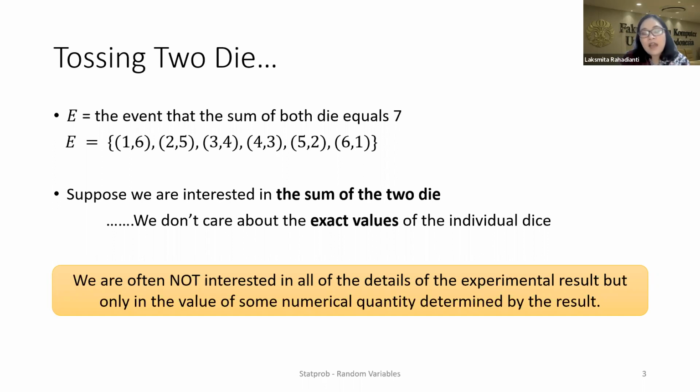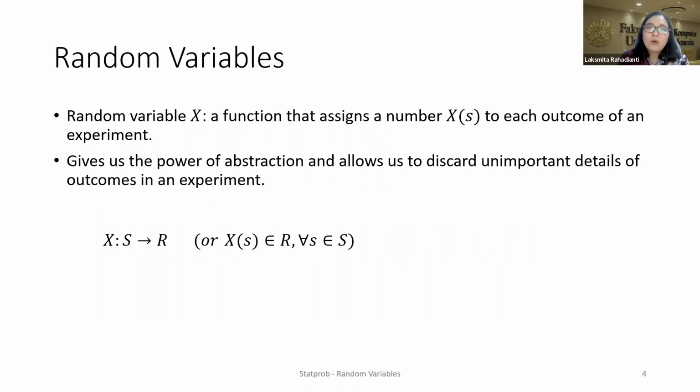Instead, I'm only interested in the 7. I'm only interested in some numerical quantity that is determined by the result. In this example, the numerical quantity that I'm interested in is the sum. So in that case, I can employ some random variables.